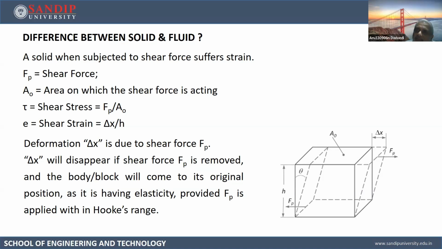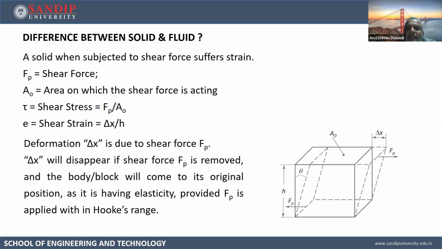Shear means it is trying to haul it into two or many parts in the direction of the force. But initially I am just talking about the solid. You can see this block. It is fixed at the bottom, and at the top we are applying a shear force of magnitude Fp. So what will be the shear stress? If the area in which this shear force is acting is AO, then the shear stress tau is going to be Fp upon AO.